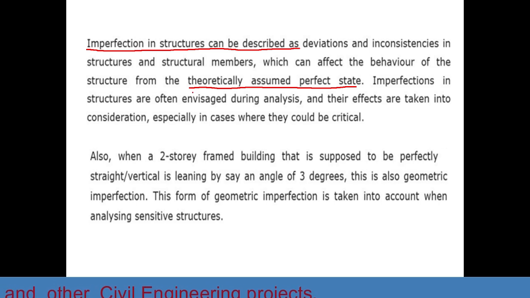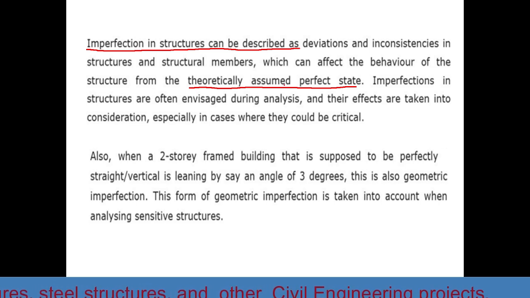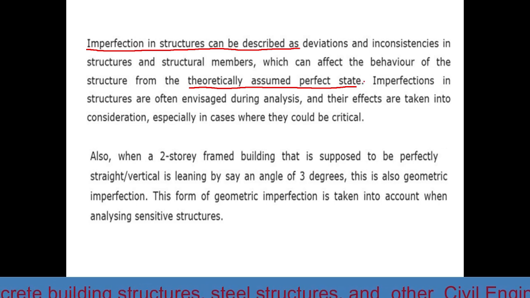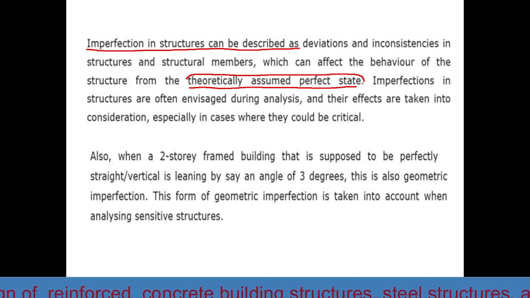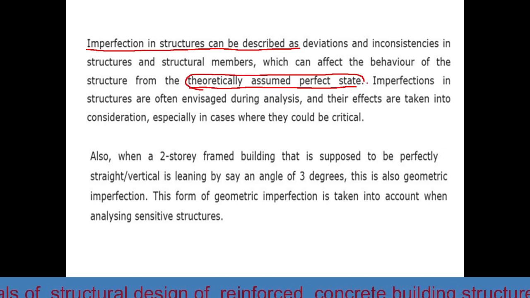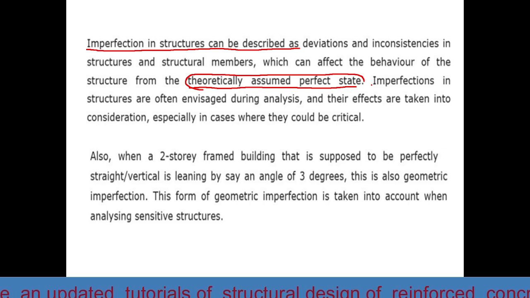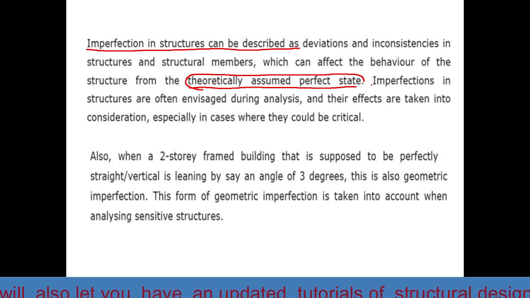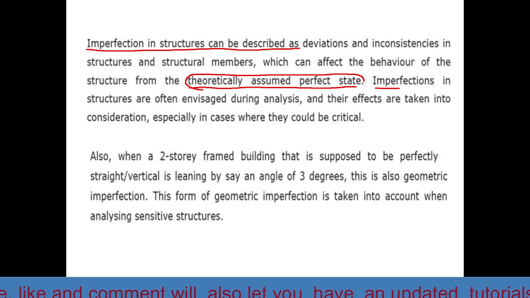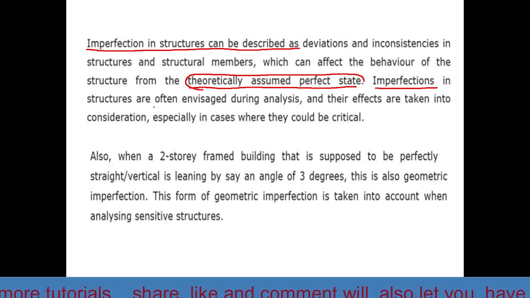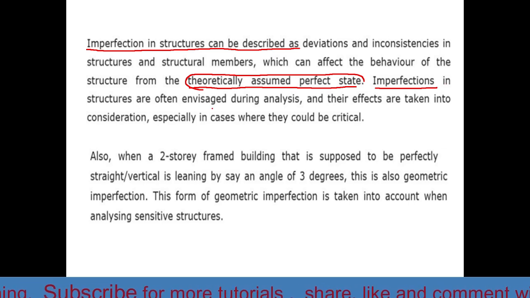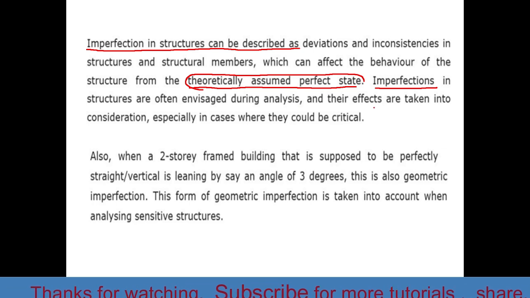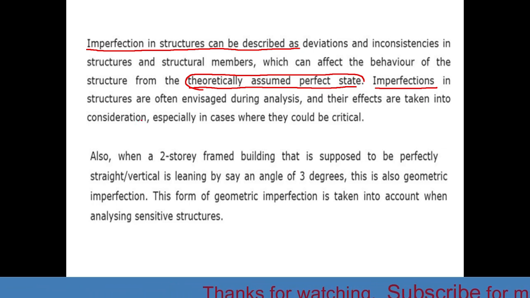So, from the theoretically assumed perfect state, there may be a change during the fabrication of the material or during the erection of the member. So, imperfections in structures are often investigated during analysis, and their effects are taken into consideration, especially in cases where they could be critical.